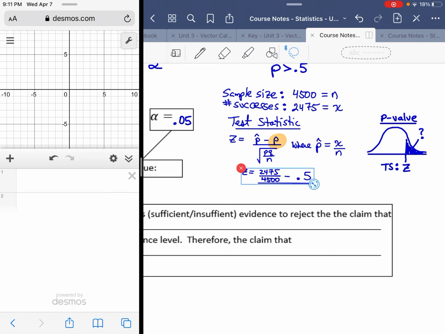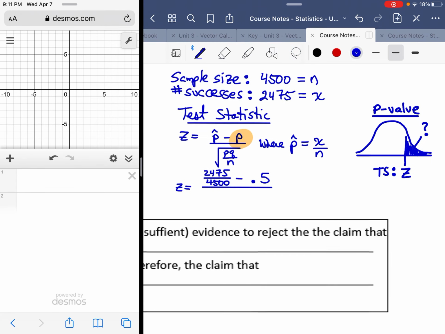So the P that's referenced in this Z statistic formula is the P that we used in the null hypothesis. Then this is going to be over the square root of PQ.